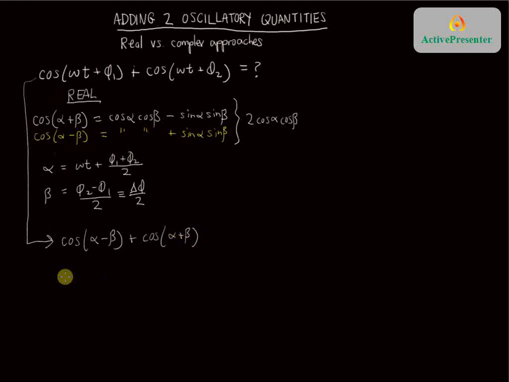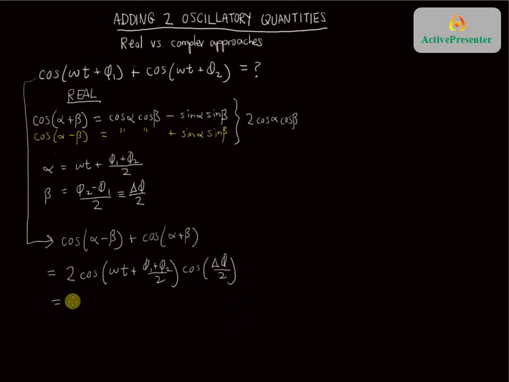And then you can immediately say that the answer is, of course, 2 cosine alpha cosine beta, and then you can write out the answer as 2 cosine of omega t plus, what we would call, phi 1 plus phi 2 over 2, and then cosine of delta phi over 2.